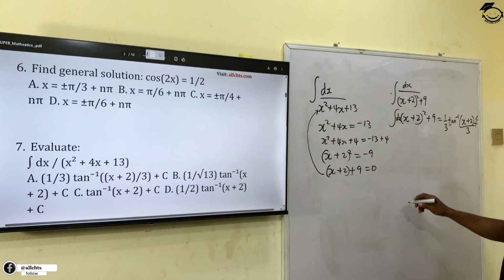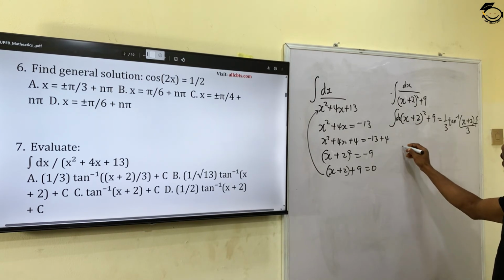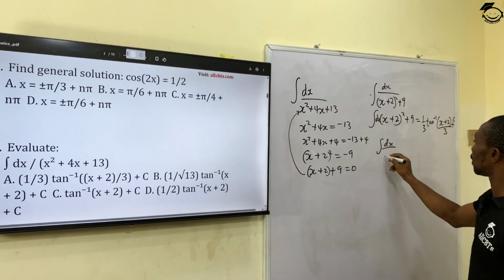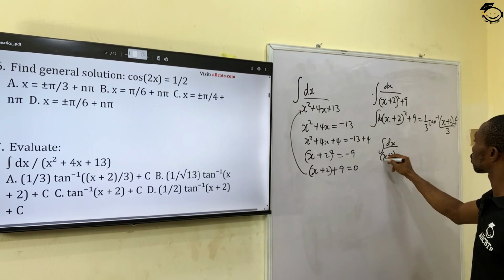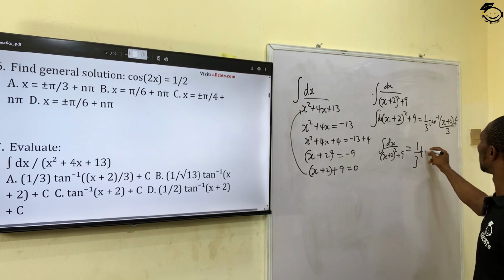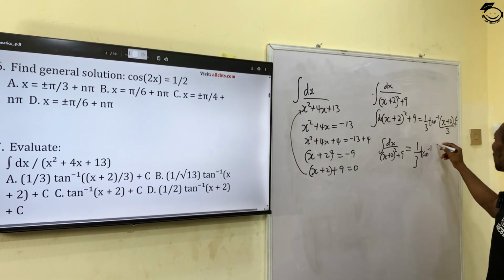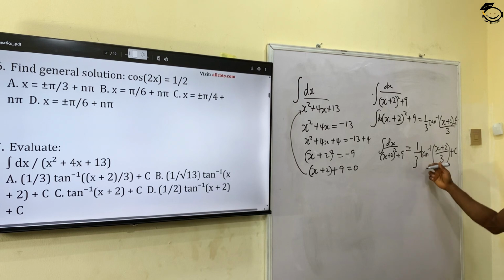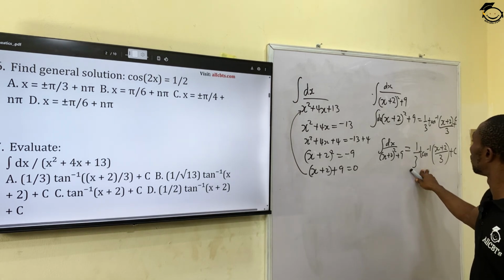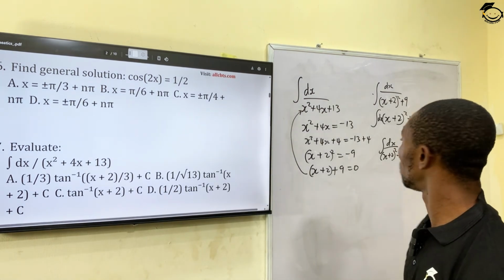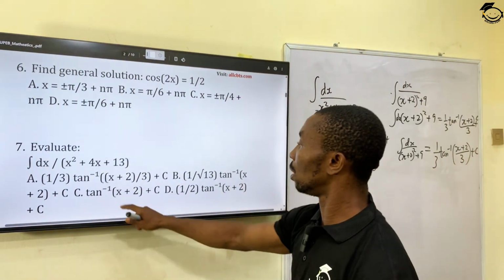Now, our answer for the integral of dx over x plus 2 all squared plus 9 will become 1 over 3 tan inverse of x plus 2 over 3 plus our constant. You know, integration is the opposite of differentiation. So this will be our answer, which is option A.